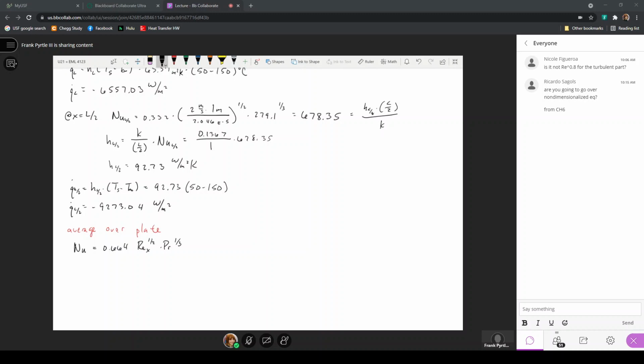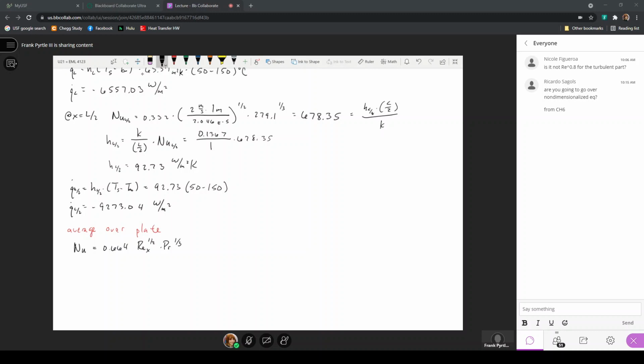This correlation is developed based on starting at X equals 0 and moving out to some position that is still in the laminar region. So here, this Reynolds number at this X position is the X position at which our laminar flow region ends, where our laminar flow region ends at the end of the plate.